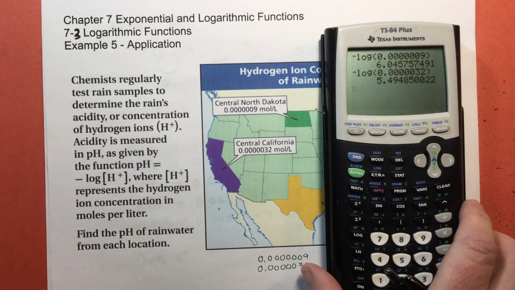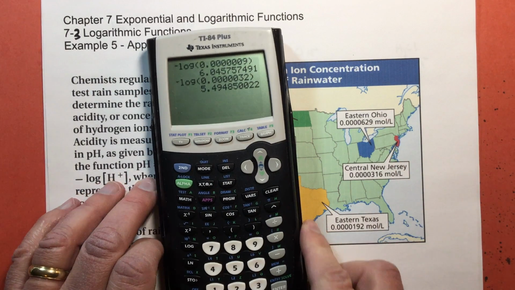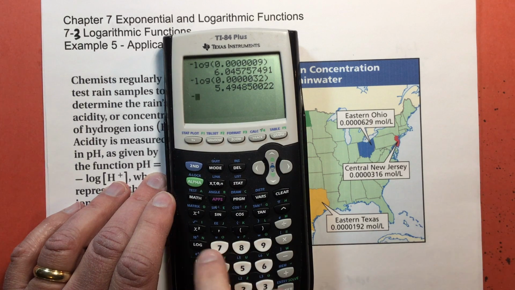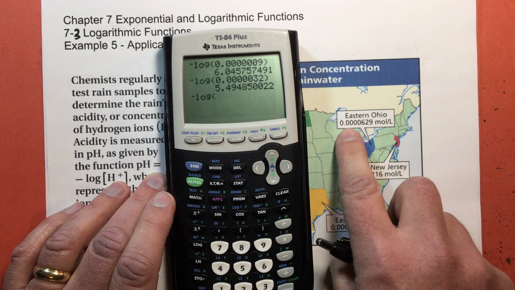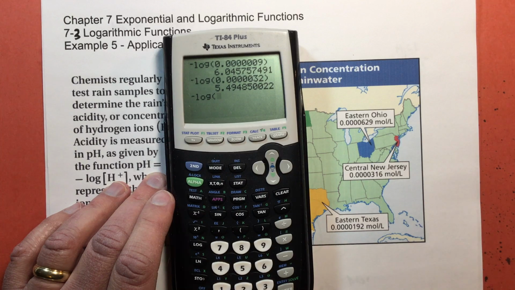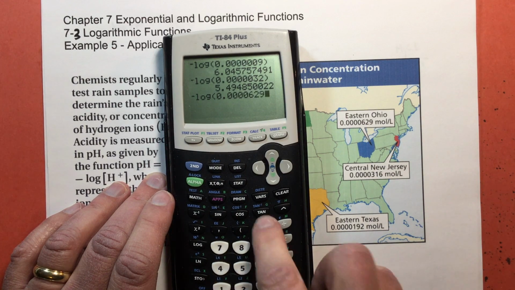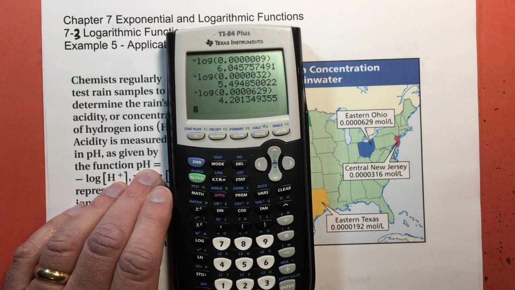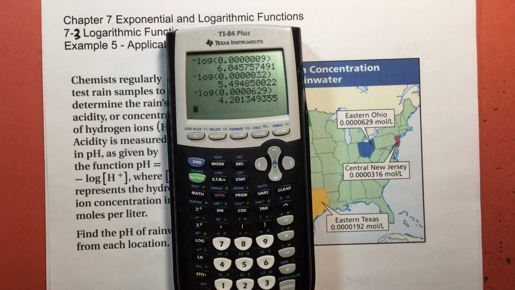So this is not too hard to do. We'll do the other ones real quick. Negative log, so this is 0.1234629. So in eastern Ohio, that rain has an acidity pH level of 4.2, which is actually getting to be kind of dangerous.